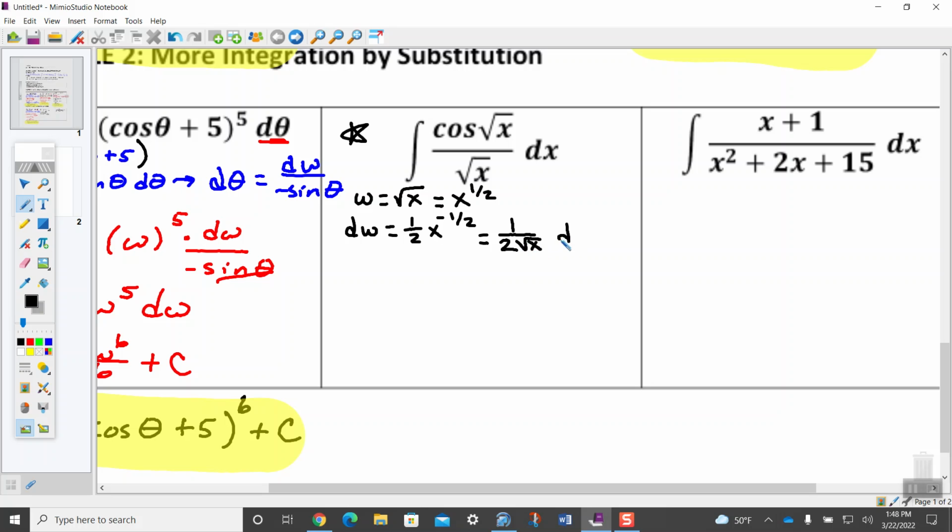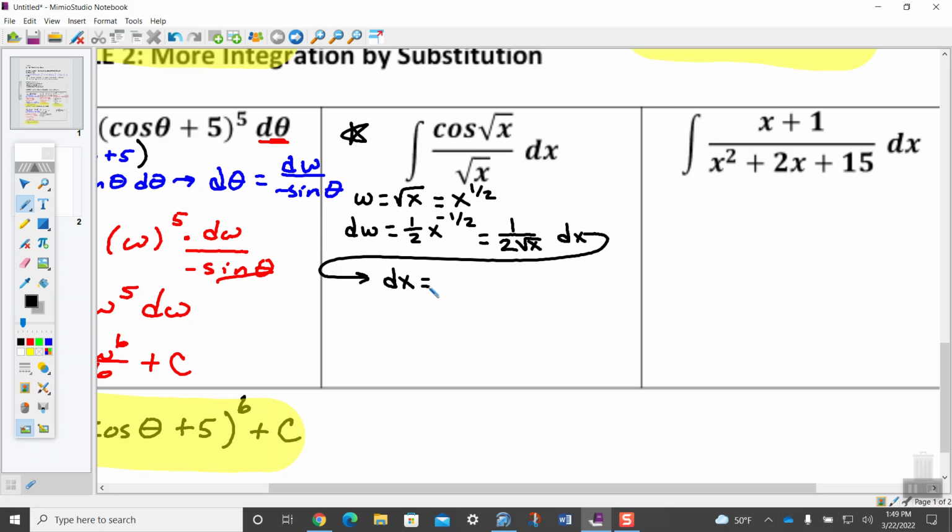with respect to what, my friends? Okay, now I need to make a little room here. I'm gonna wrap this around. This would make dx equal to, if I wanted to get this dx alone, could I multiply by the reciprocal? The reciprocal would be 2 root x.